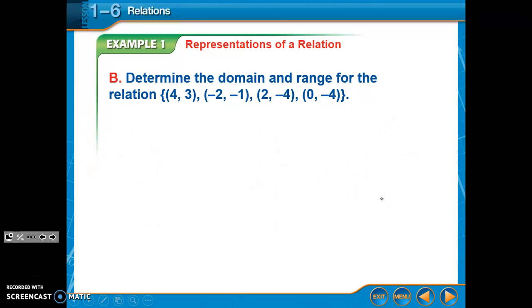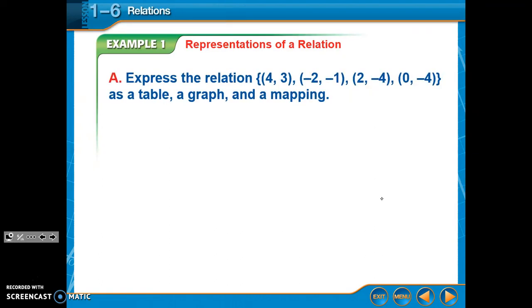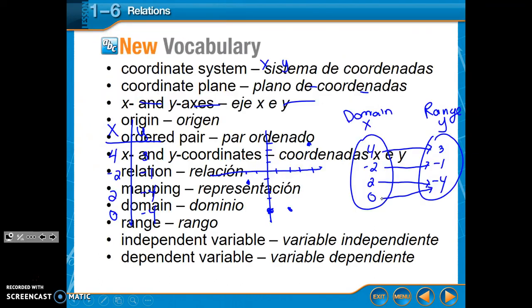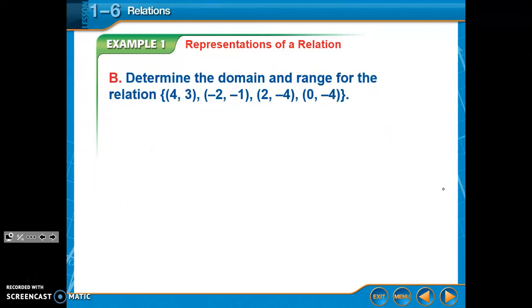Part B says determine the domain and range for the relation. So that's basically what we just did. The domain is always the x values. So what we have drawn here, this is our domain: 4, -2, 2, and 0. And our range is 3, -1, and -4.